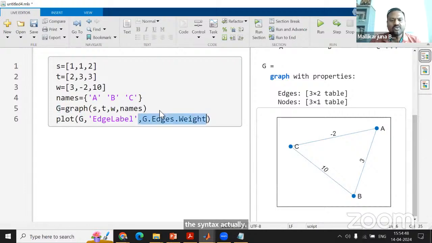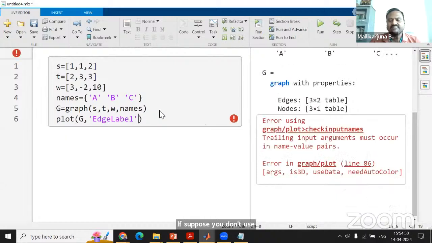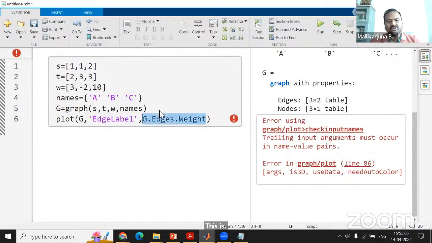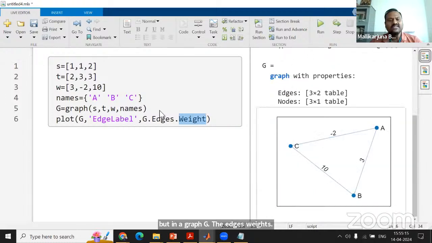If you don't use this syntax, it won't give the edge label. So this G dot edges dot weight means that in graph G, the edge weights can be highlighted in the graph like this.